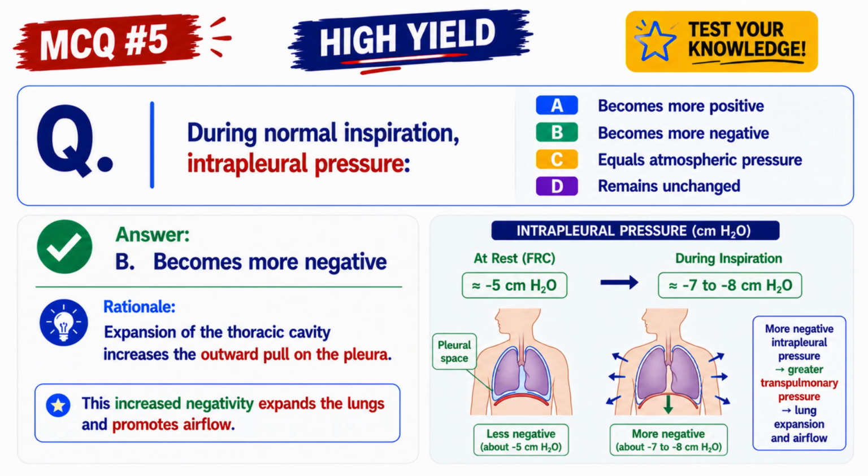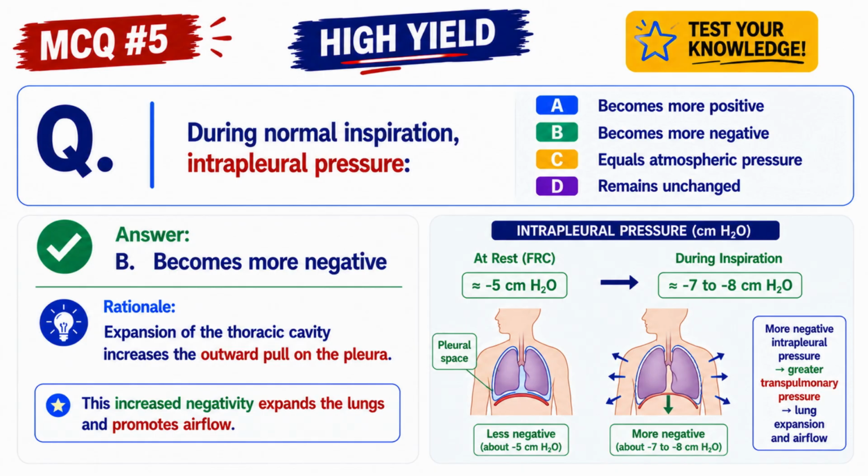The alveoli fill. In anesthesia and critical care, understanding intrapleural pressure is essential for interpreting central venous pressure and pulmonary artery pressure. These intravascular pressures are measured relative to atmosphere, but the transmural pressure, what the vessel wall actually experiences, is the intravascular pressure minus the intrapleural pressure.